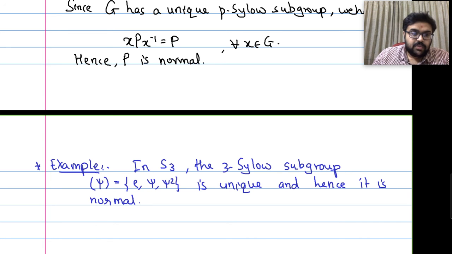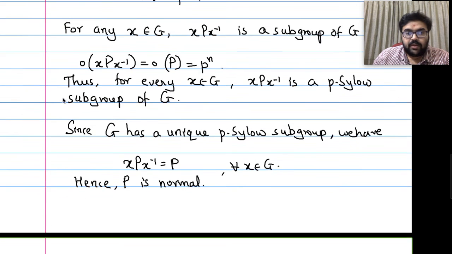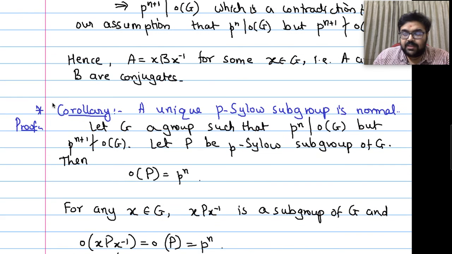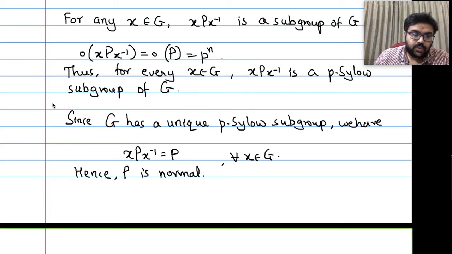Right, now the question is, what about the converse of the above corollary? If a p-Sylow subgroup is normal, can we say that it is unique? So that I leave for you to think.